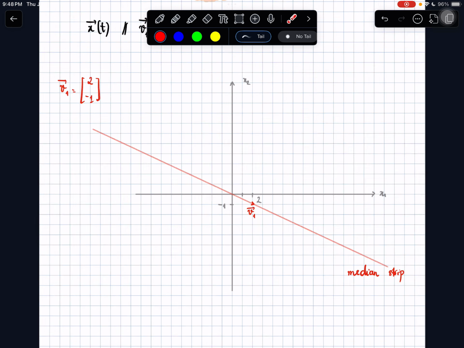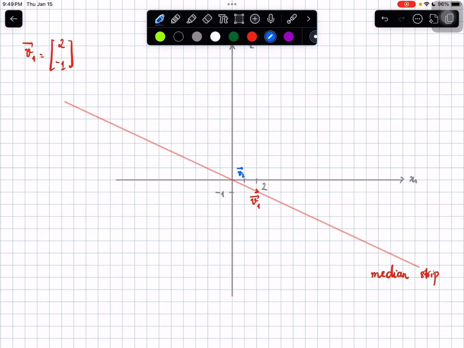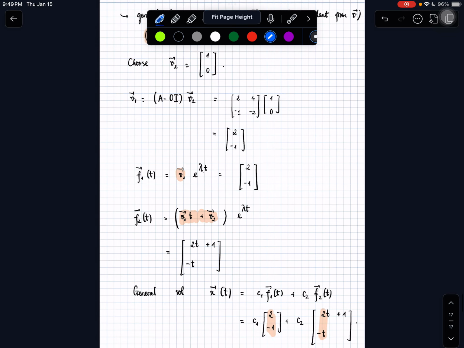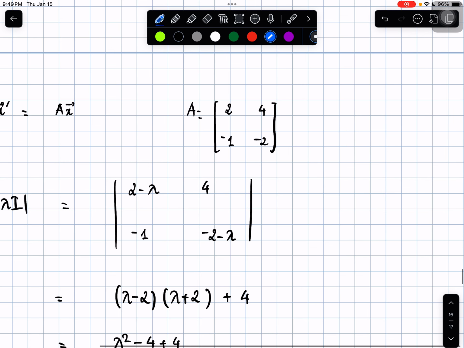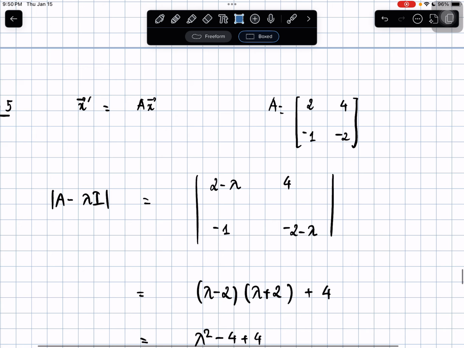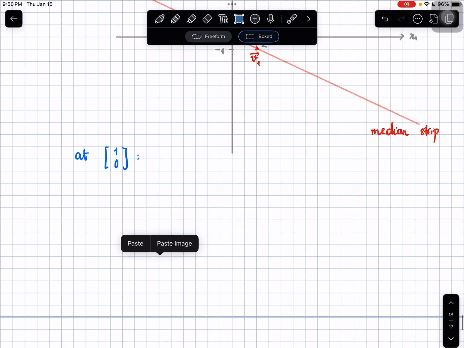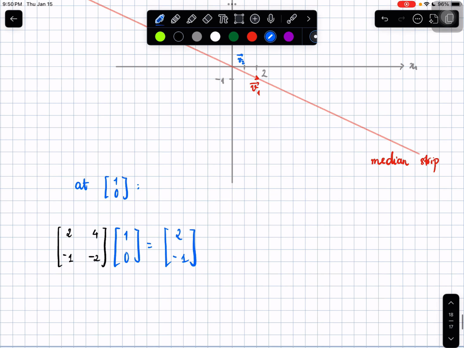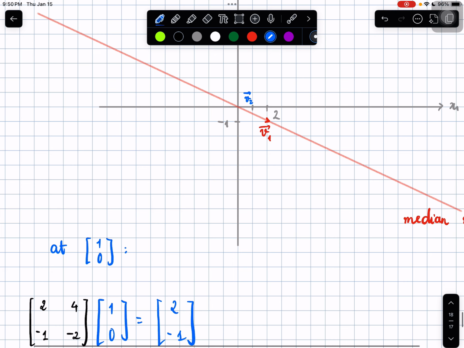So check at a point, say at 1, 0, the direction x prime equals Ax. A times 1, 0 is 2, minus 1, so it is parallel to v1 going like this.